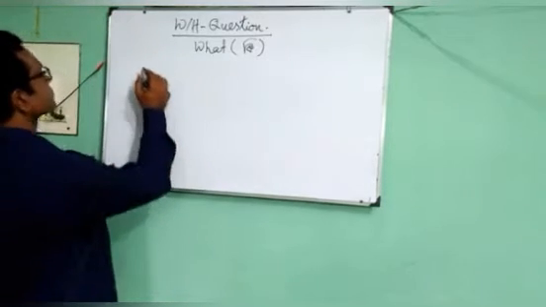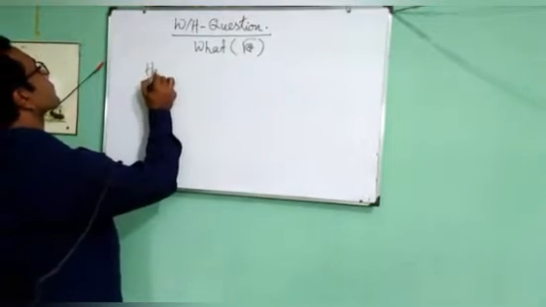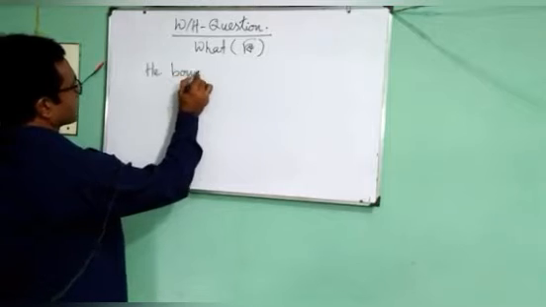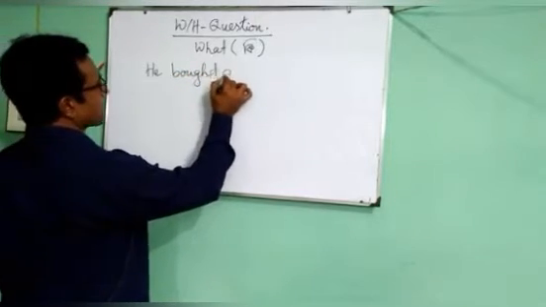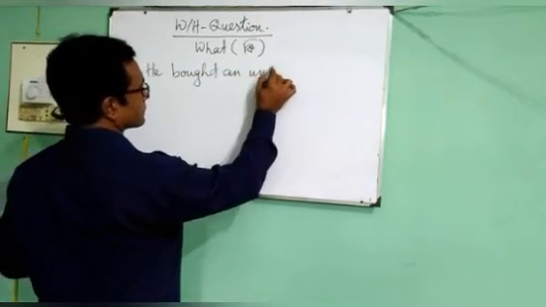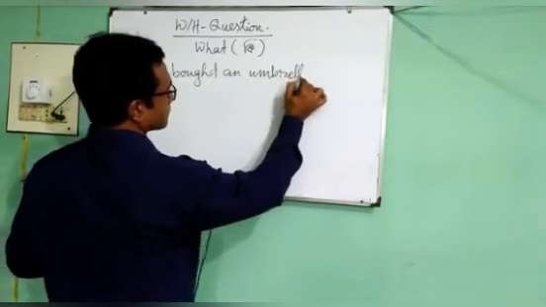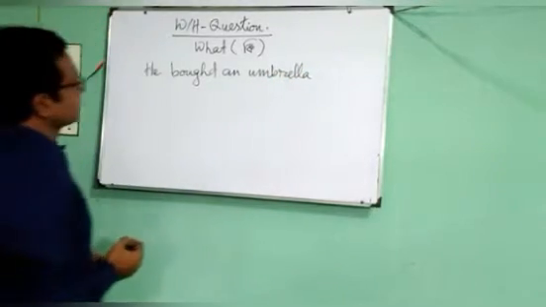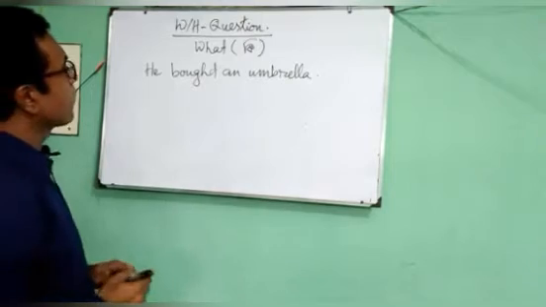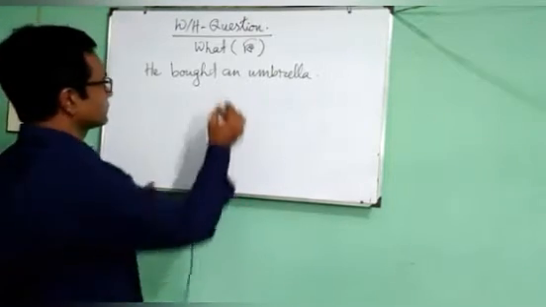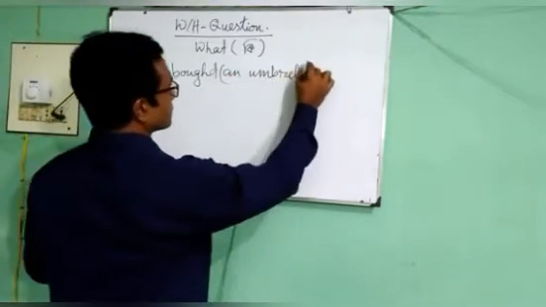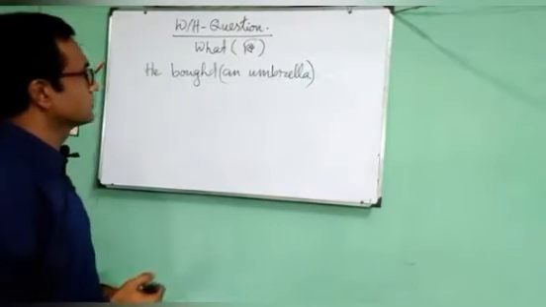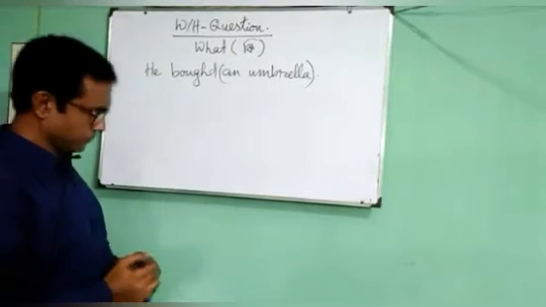For example, he bought an umbrella. In this sentence, we have got an object. It's called a direct object or impersonal object.